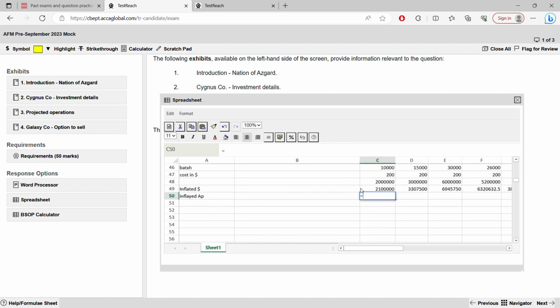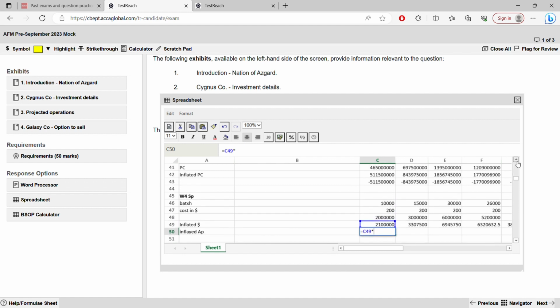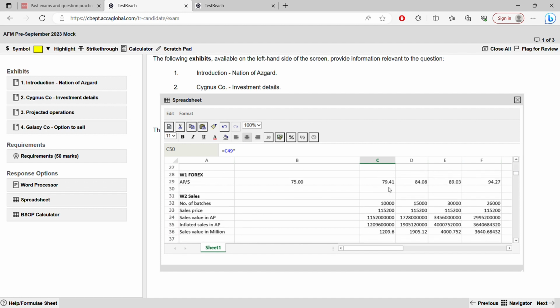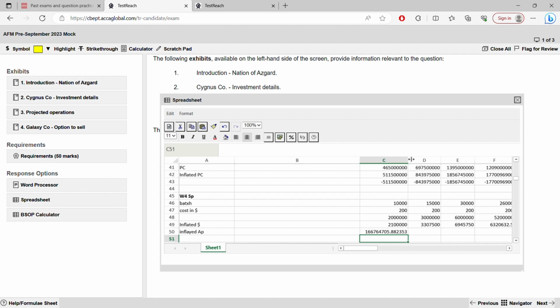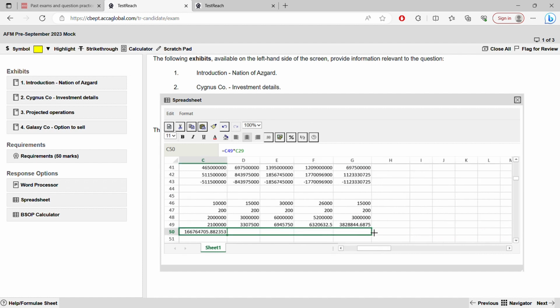Wait. Multiply this with this. Enter. See? Can you see this? So next time you only have to do it once and then copy paste it to the other cells.